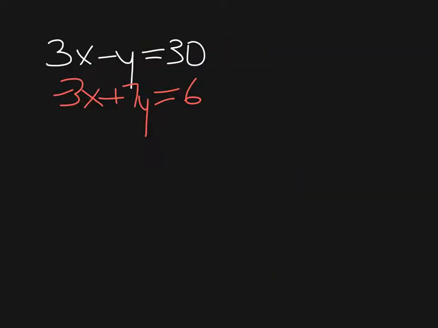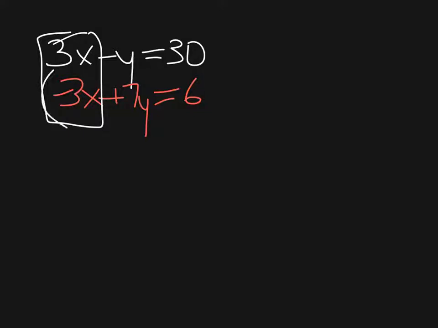So in this system of equations, I've got 3x minus y is equal to 30 and negative 3x plus 7y is equal to 6. So what I'm trying to do is figure out something that matches up here that can cancel out, and this over here is what cancels out if I add them together, 3x and minus 3x.